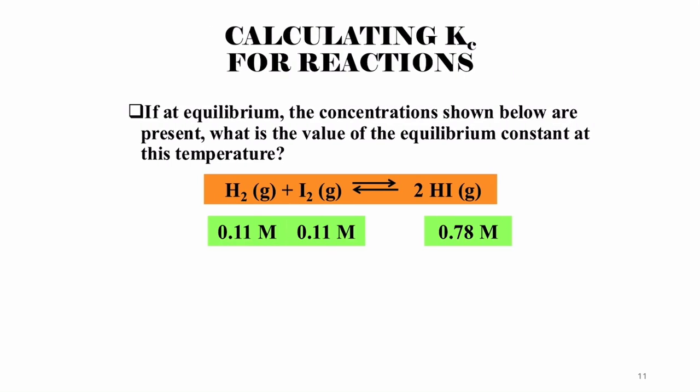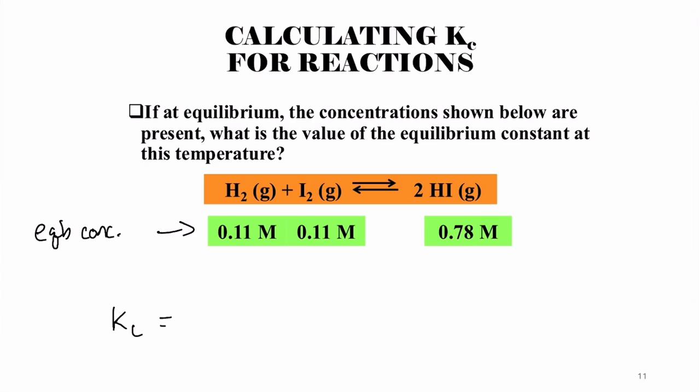So if at equilibrium the concentrations are shown below, then what would the value of this equilibrium constant be? So what did you guys ultimately plug in to solve for the equilibrium constant? I know we just used an Excel sheet, but this was the last step, right? What is Kc equal to, right? These are the equilibrium concentrations. Yep, that's right.